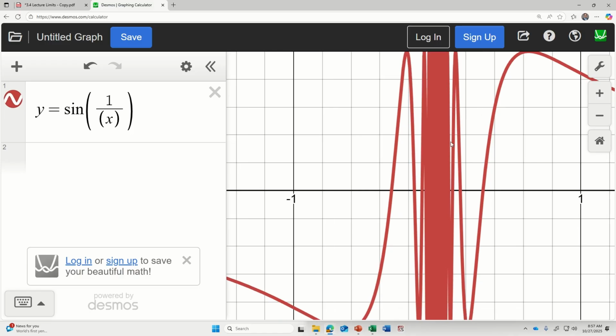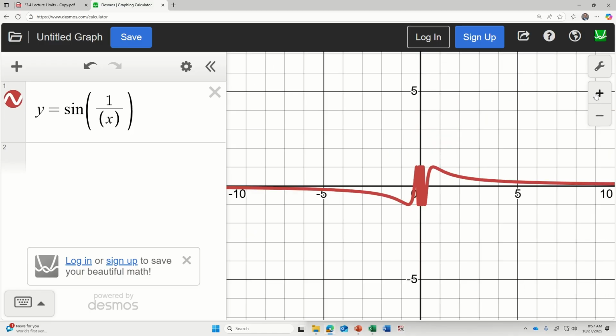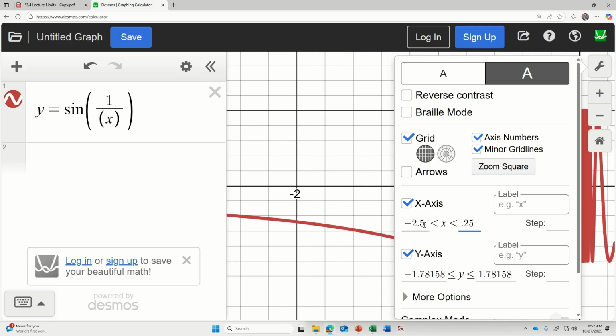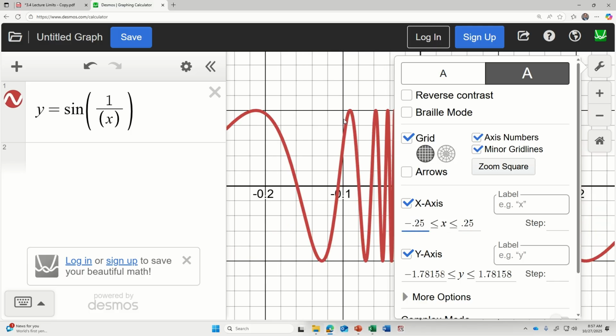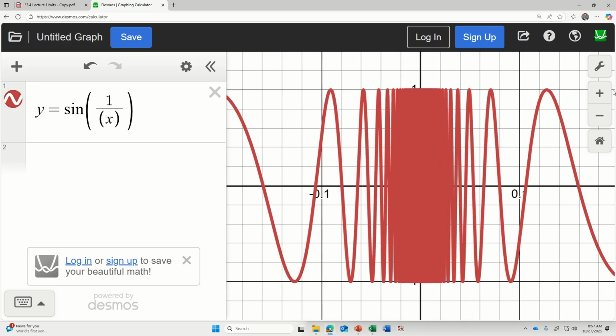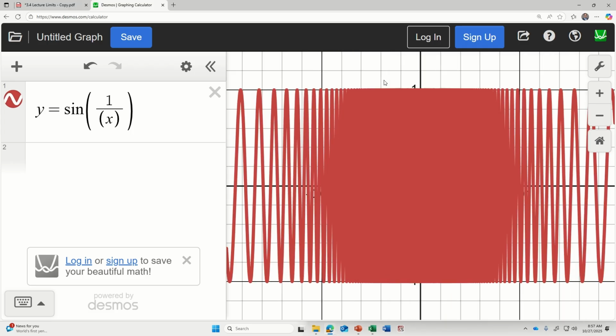I wish there was a way to zoom in the x direction without zooming in on the y direction. Maybe I can. But the oscillations just get tighter and tighter, and it does not ever slow down.